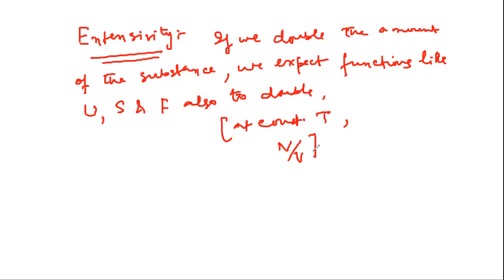Why? Because these functions U, S, and F, there are others also, they are extensive parameters. That means if you double the amount, they should double, provided temperature and density are kept constant.